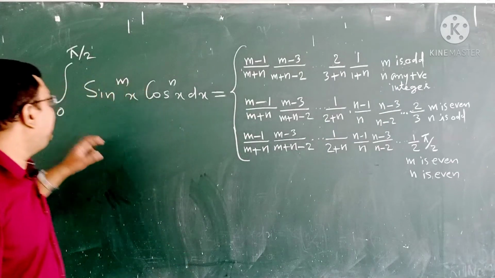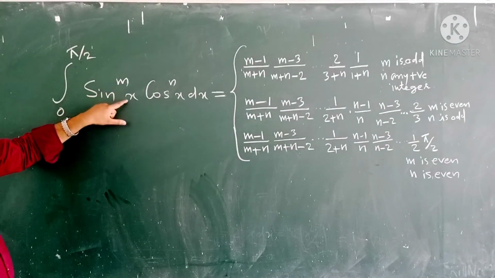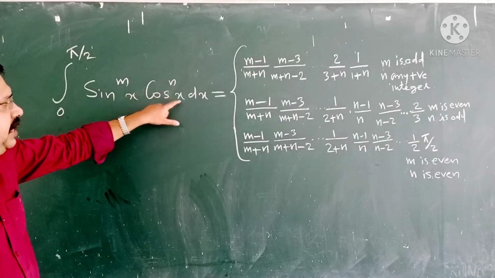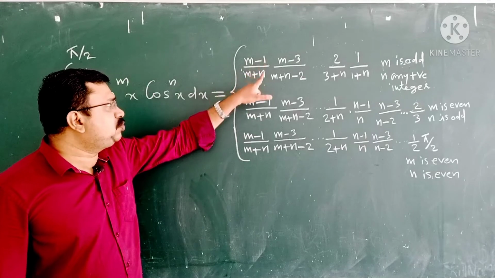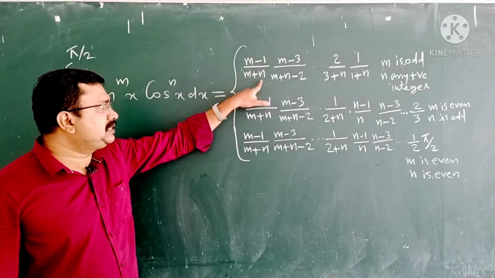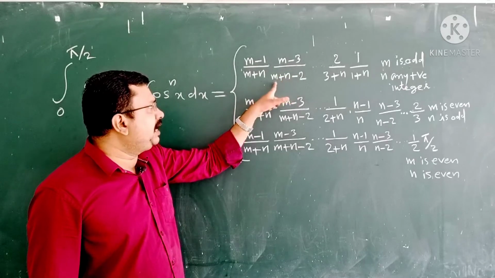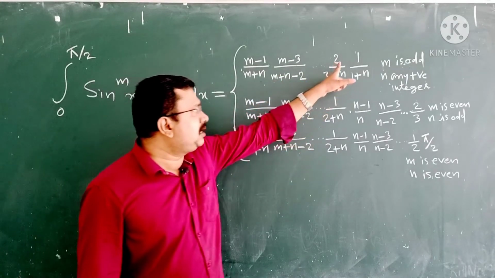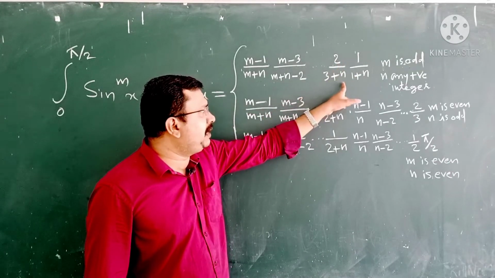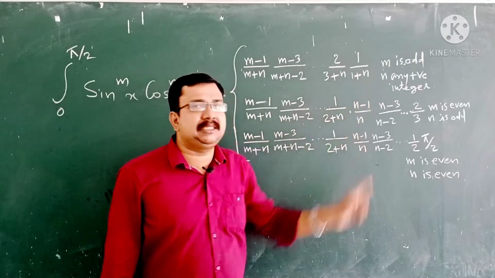Then the integral from 0 to pi by 2 of sin^m x cos^n x dx is equal to (m minus 1) by (m plus n) into (m minus 3) by (m plus n minus 2) and so on. The last one is 2 by (3 plus n) into 1 by (1 plus n).